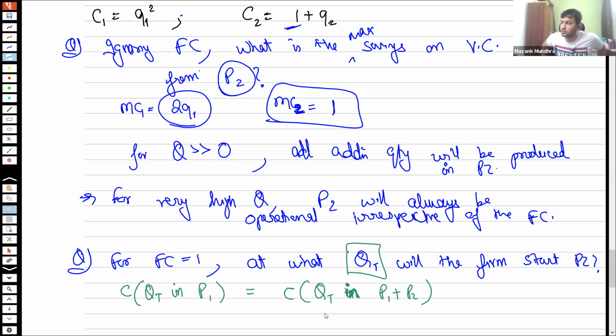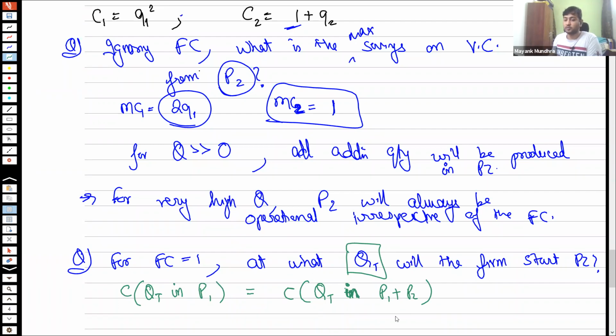This is something which is different from the previous case. Because in the previous example, when I reached QT, I would stop producing in plant 1 and shift to producing in plant 2. Here I won't do that.